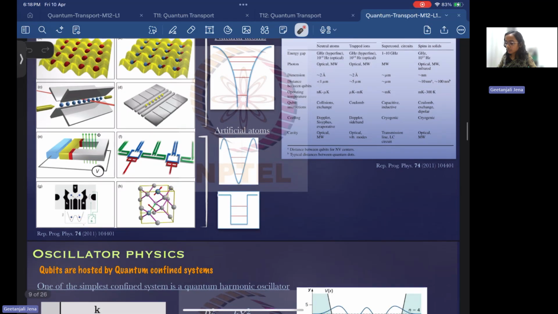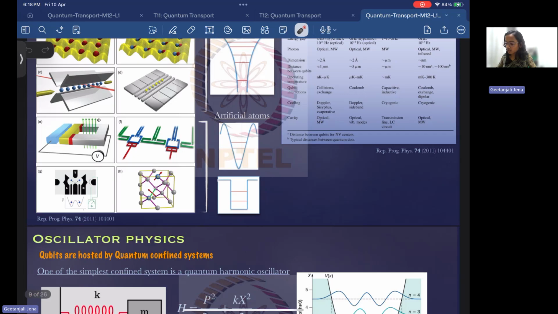And if you look at the operating temperature, the superconducting circuit and the spins in solid mostly operate around cryogenic temperature as compared to the neutral atom or the trapped ions.